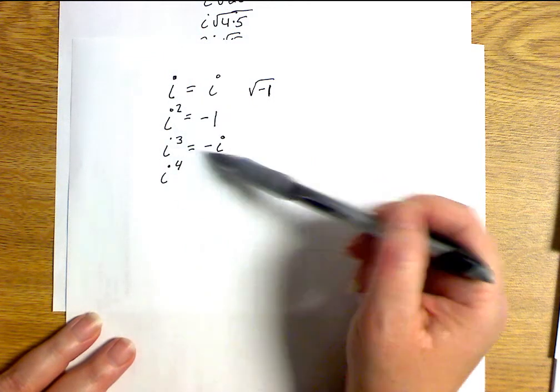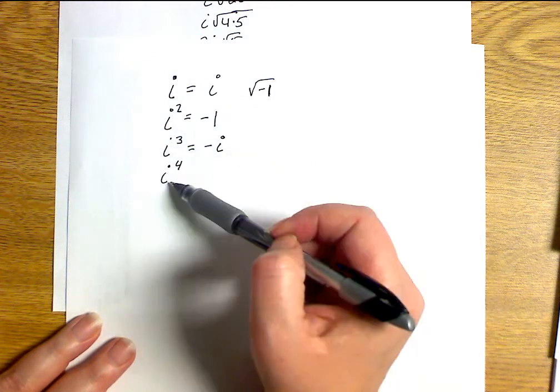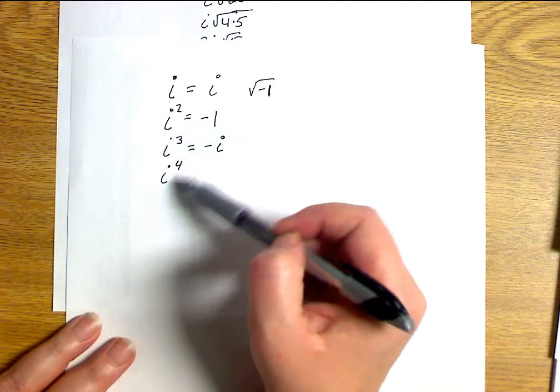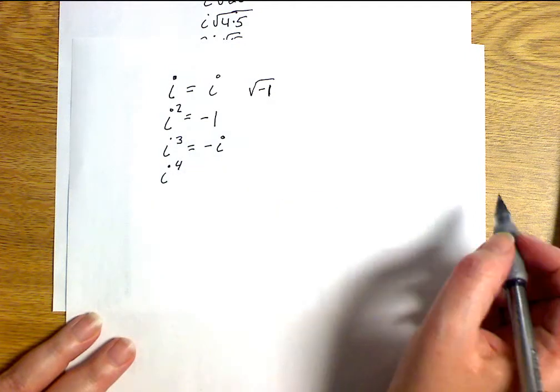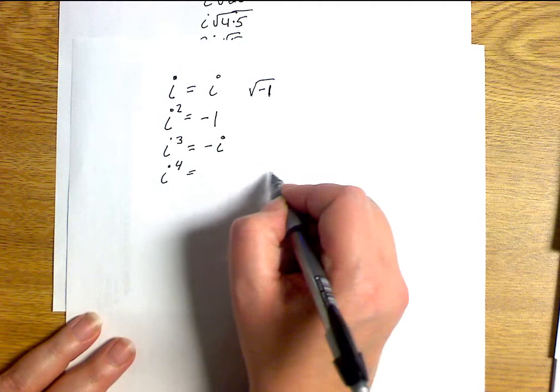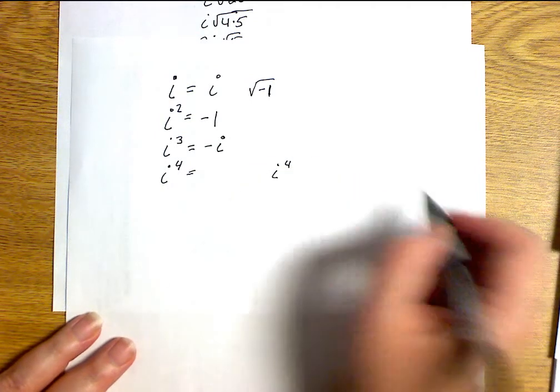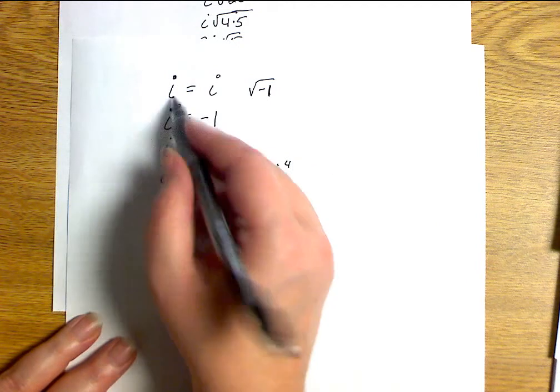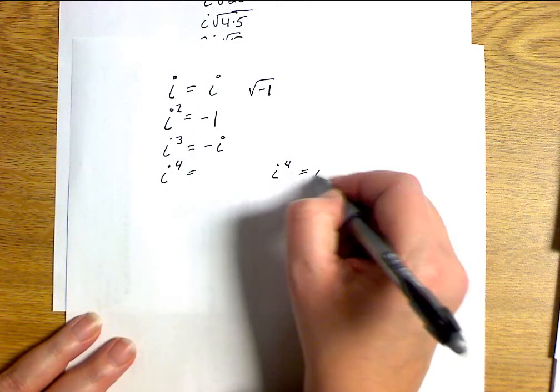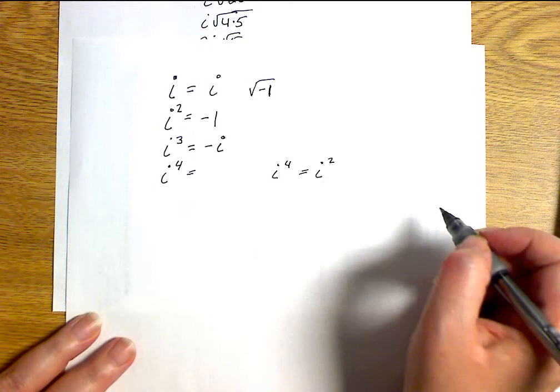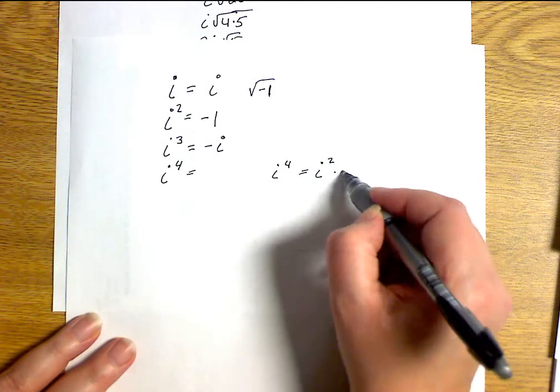The last number is right here: i to the 4th. What can we rewrite this as? I'm going to go with i squared as a real number: i squared times i squared.